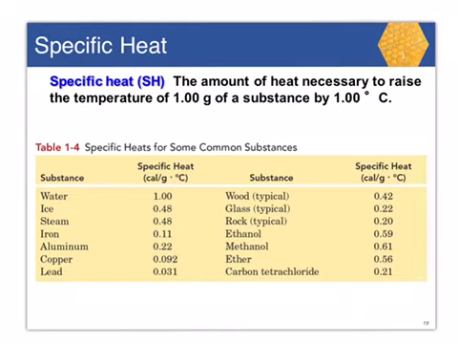Well, it's not listed here, but sand has a very, very low specific heat capacity. It's 0.19 calories per gram. So what that means is it takes very little energy to raise 1 gram of sand 1 degree Celsius.